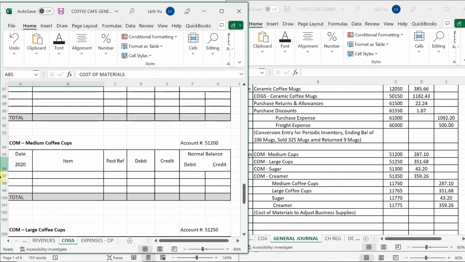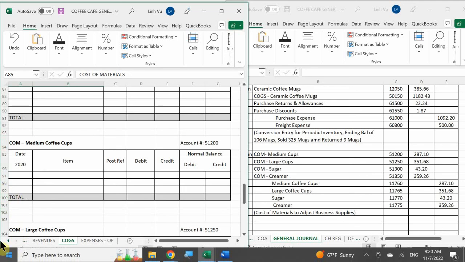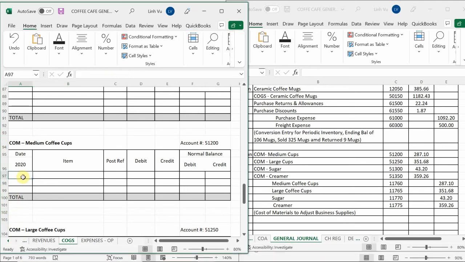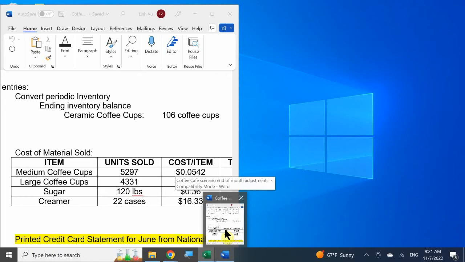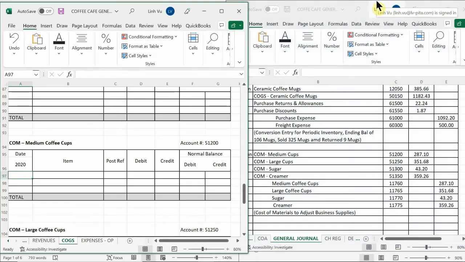So how many cups did you use for the medium cups? 5,297. So it's going to be an adjustment.